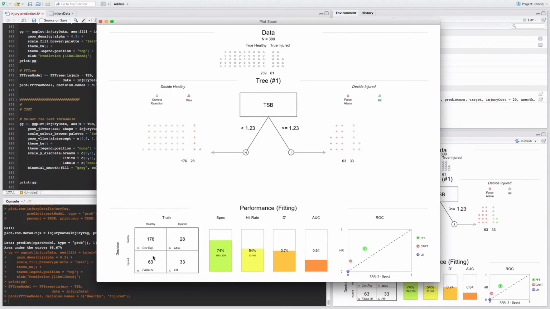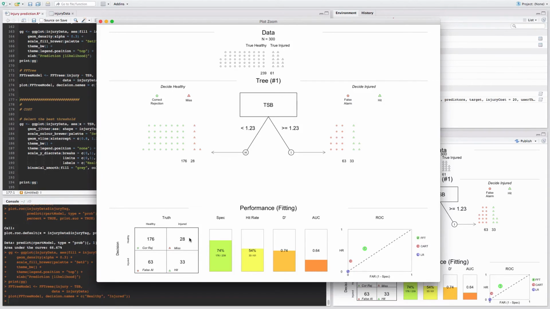And the other error I'm going to make is I call a given guy fine, but he ends up being injured. That can cost me slightly more, or much more, because he's out of the game, he's out of training for a much longer period of time, and that imposes a financial cost on the club, and it's really bad for the player as well. So what we can do is try to find the threshold that minimizes the average cost.